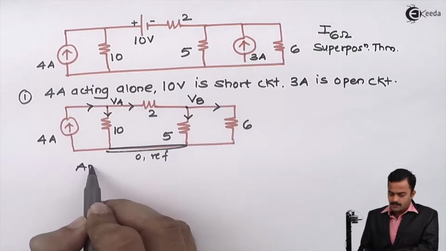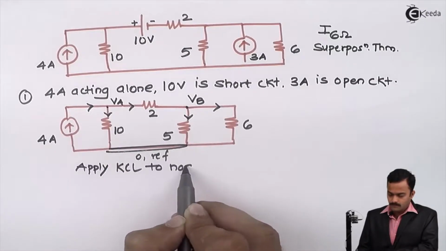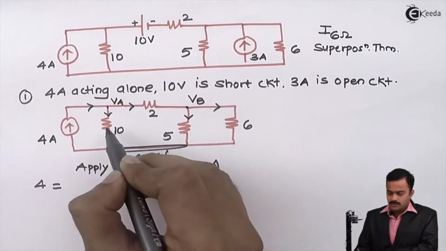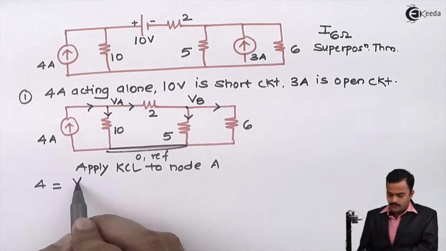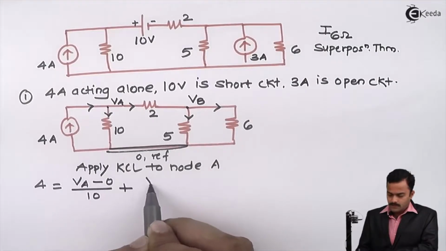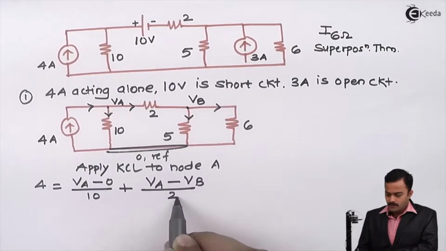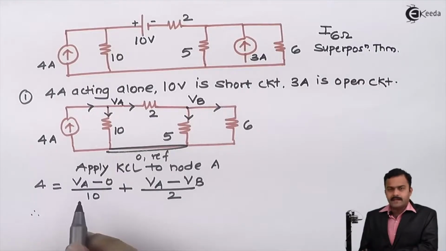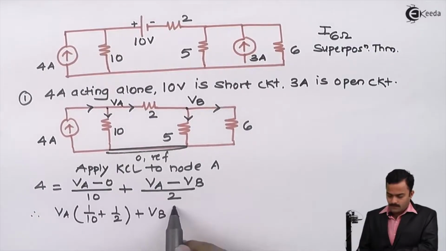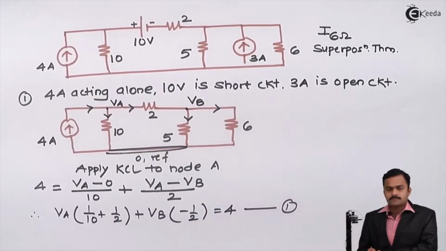Let's apply KCL to node A. Incoming current is 4. These two are outgoing currents. So it's (VA minus 0) divided by 10 plus (VA minus VB) divided by 2. Let's rearrange the terms. So I'll get equation number 1.